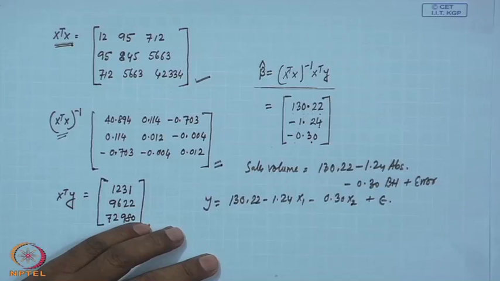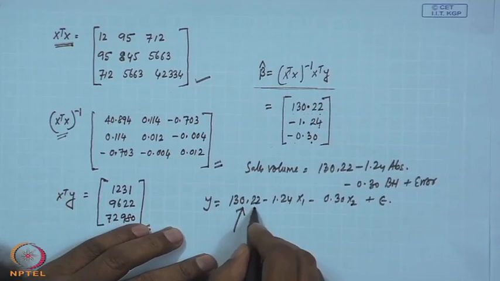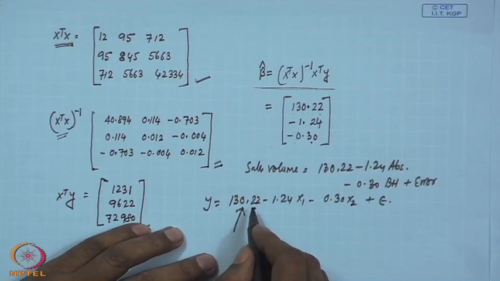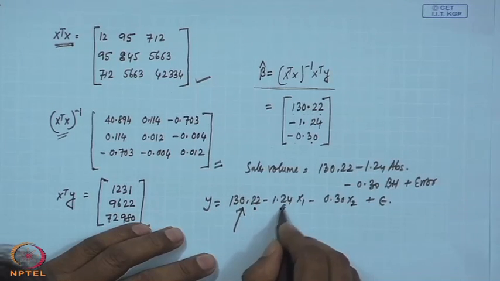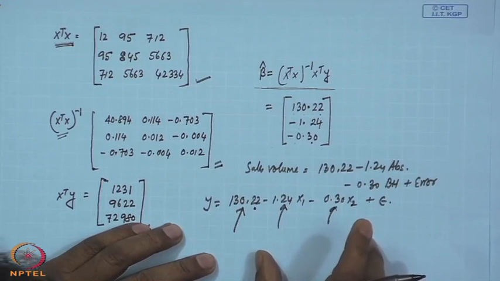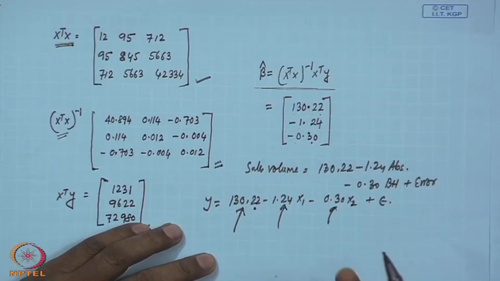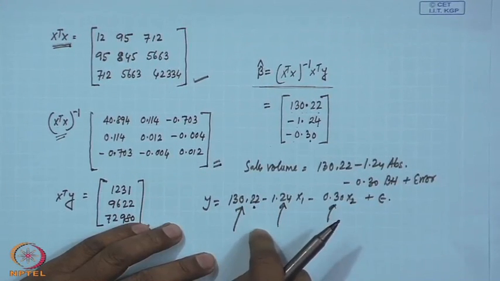Now, what do we want? We want to know whether this 130.22 is really 130.22, that it is not 0. You want to see what about 1.24, what about this. And two ways we have seen that. One is that we go for hypothesis testing, then using the t test we will see whether they are significant or not.